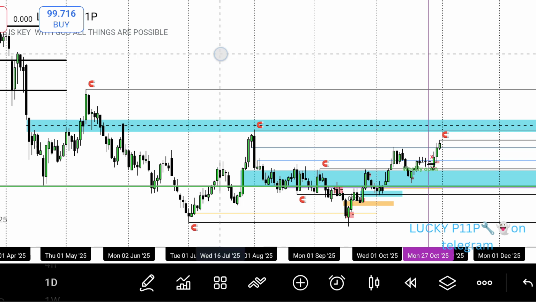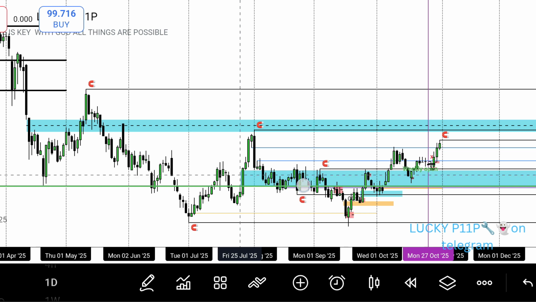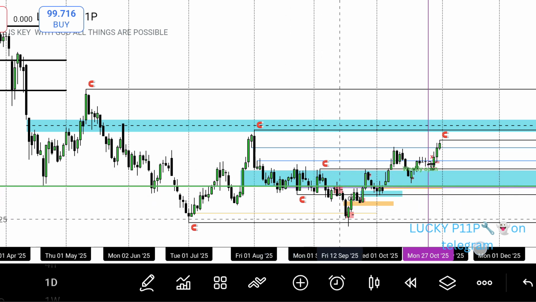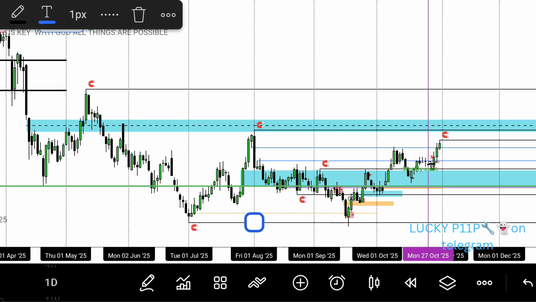You see that in the month of July, a BC formed through it, thus making it significant, making the BC very significant. As you can see, we used this specific range to reprice into sell side liquidity, the July low, highlighted there.